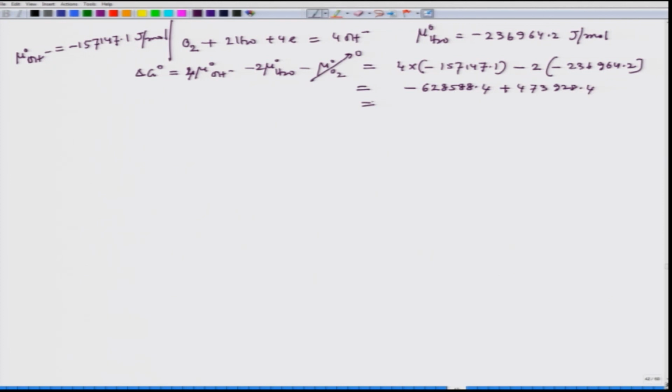So this minus 473,928.4 equals minus 154,660. This is equal to nothing but minus NF E0 O2 OH minus.